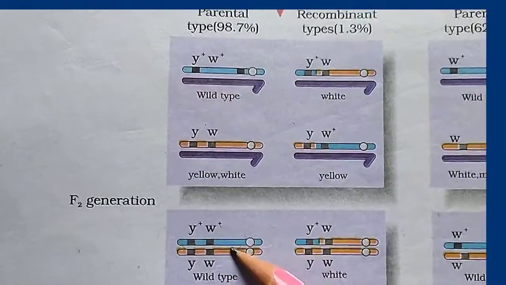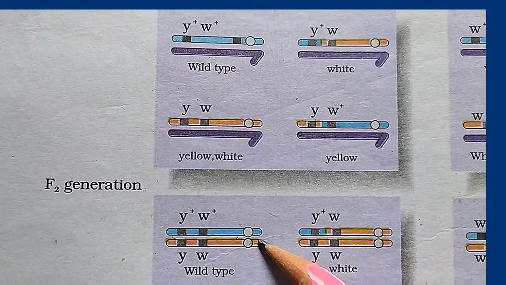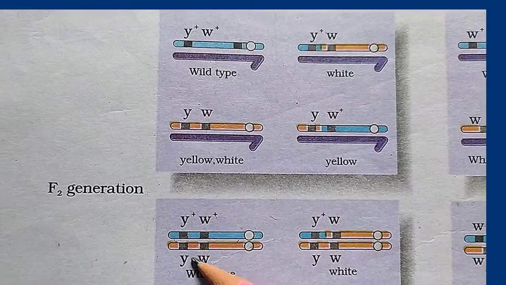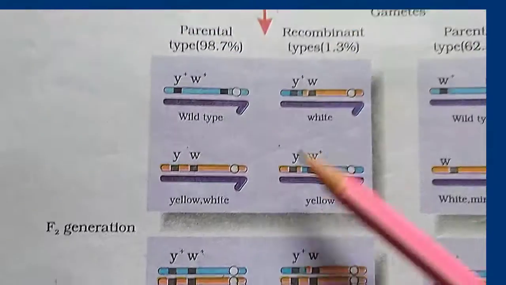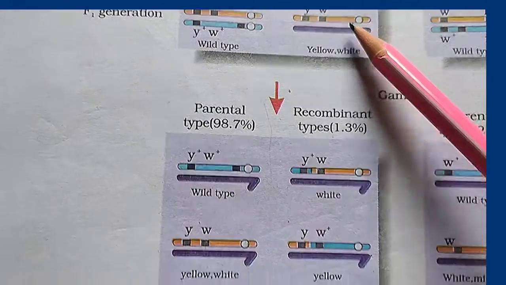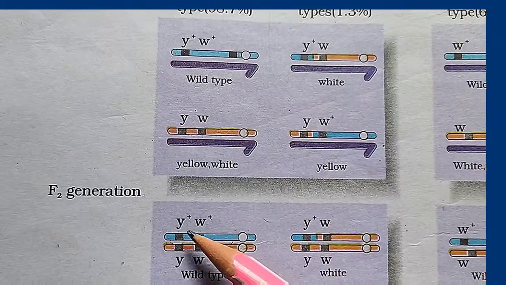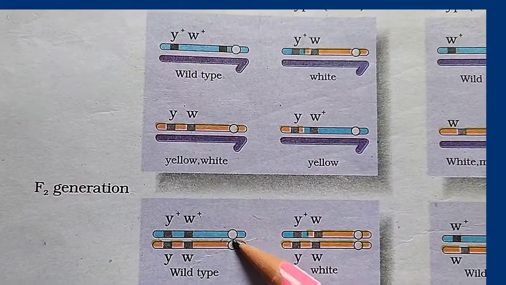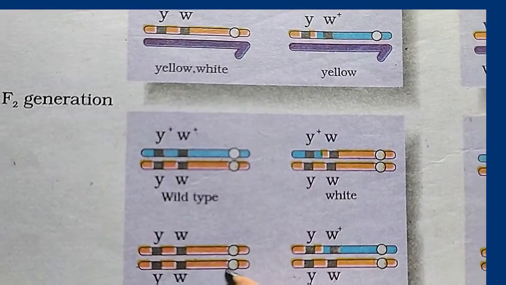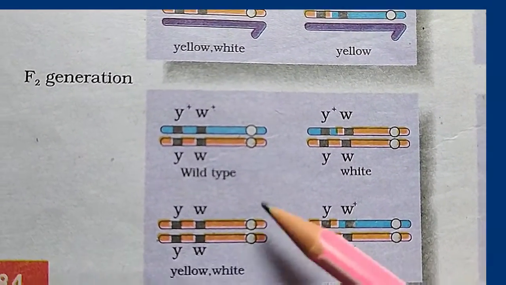So here, this X chromosome which carries y w is from father. This chromosome which carries y plus w plus is from mother. One is from father, one is from mother.